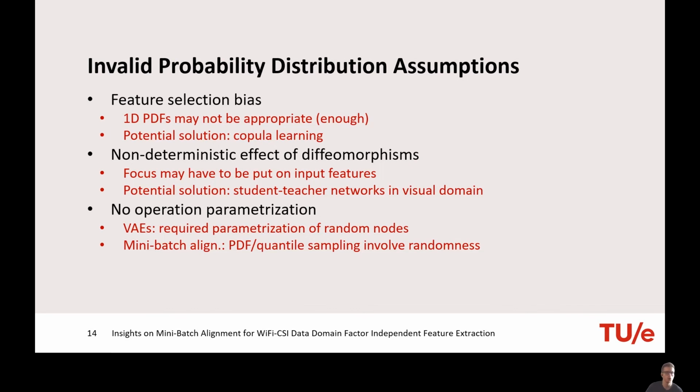And so one potential solution could be to try and incorporate copula functions that explain correlation between many univariate distributions.